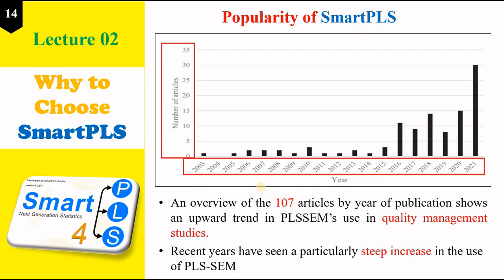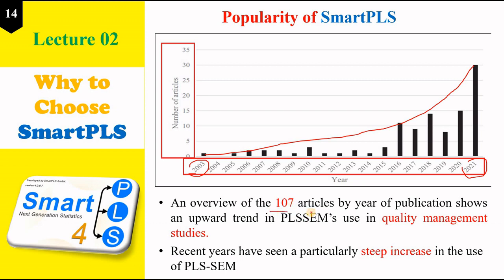This is another graph from 2003 to 2021. Every day you are looking that the graph is increasing. In 2021, you are looking that there is an increased number of research papers where the data has been analyzed with the help of SmartPLS.